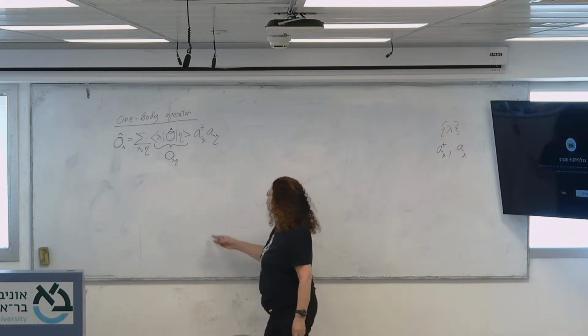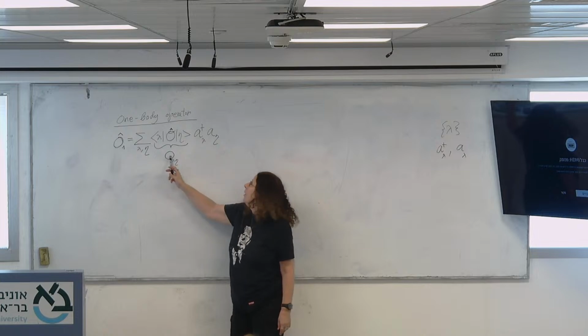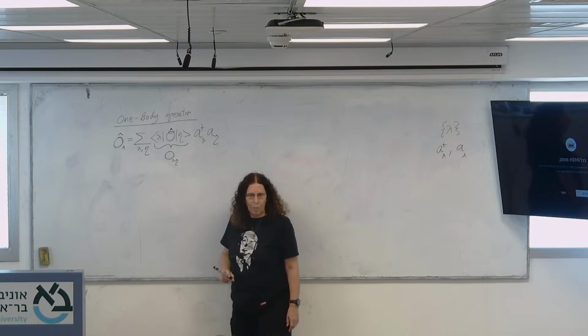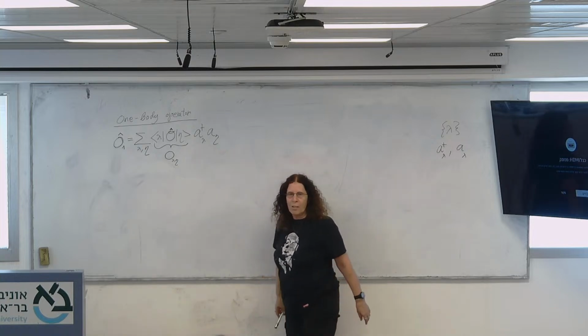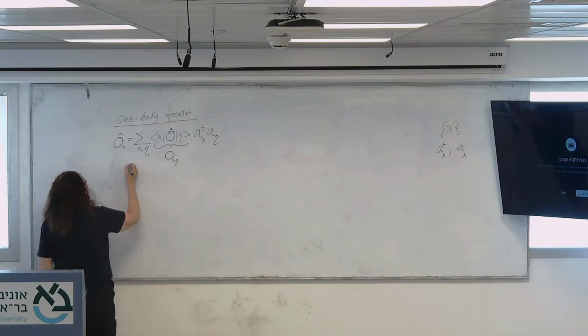And if you choose a basis that is a basis of eigenstates of O, then you can eliminate one sum because this is diagonal. Okay? And then it becomes the simplest thing you can do. Okay, so this is a one body.